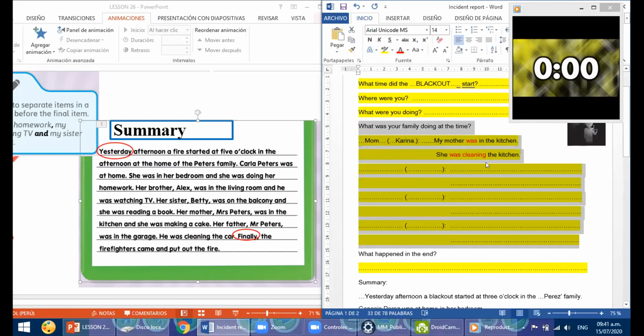She was washing the dishes. Father, Walter, he was in the living room. He was watching the TV. Brother, Dylan, he was in the living room. He was watching the TV with my father.